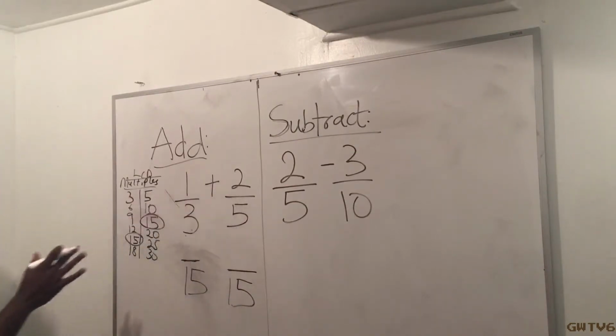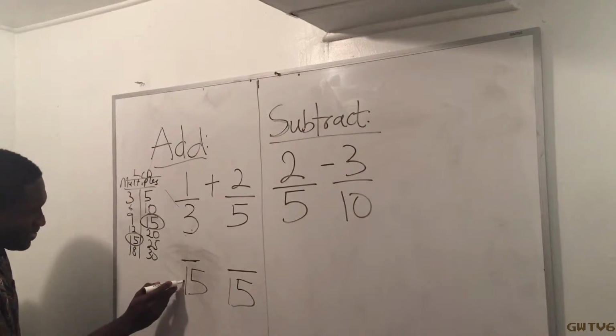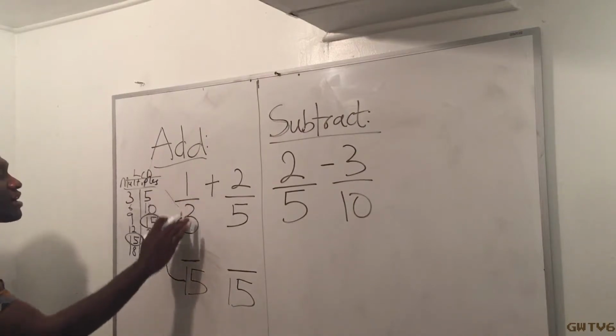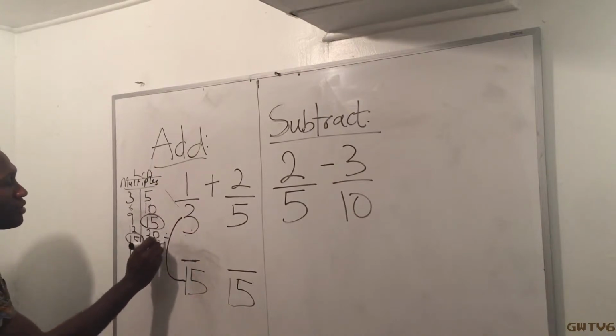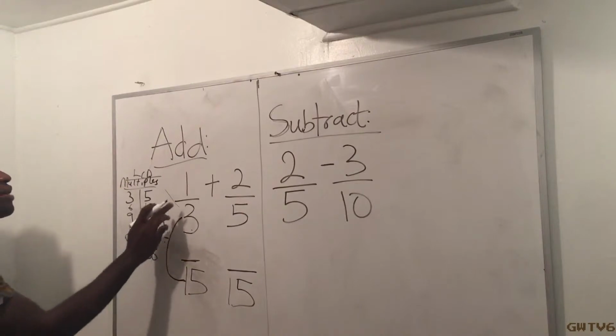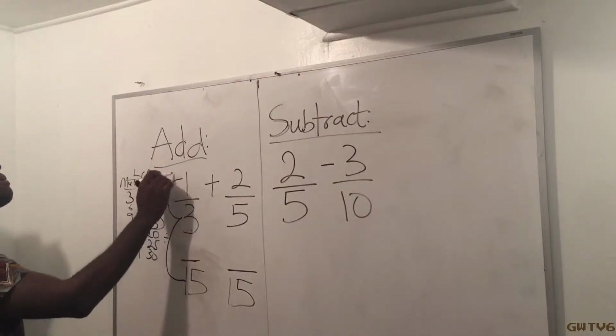But what will happen with the top numbers? With the top numbers, I know the rule is I take the LCD right there and I divide the first fraction's denominator. So denominator to denominator, right? So 15 divided by 3 is 5. And I times it by the top number, 1.